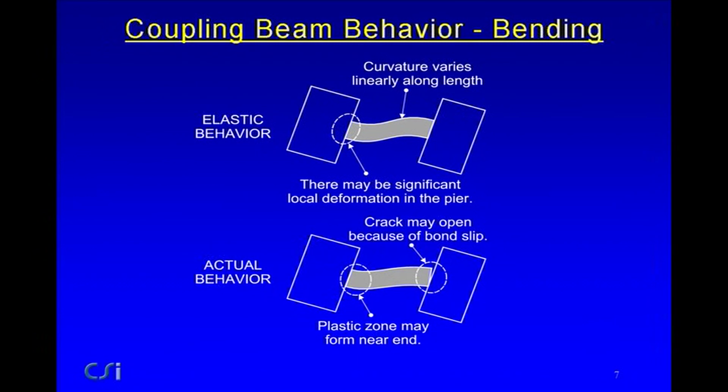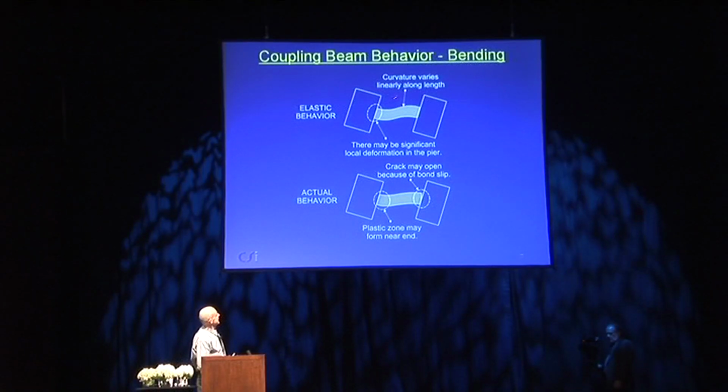Let's look at coupling beam behavior, firstly in bending, and we'll do shear in a moment. And two diagrams here, one elastic and one actual. According to elastic behavior, the curvature will vary linearly along the length.